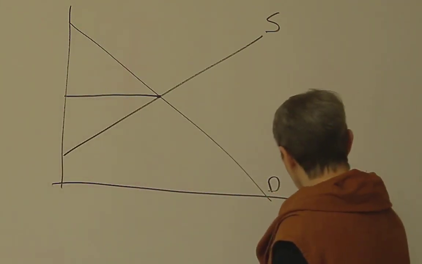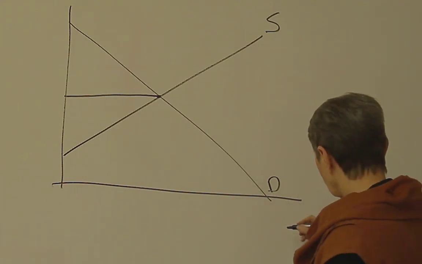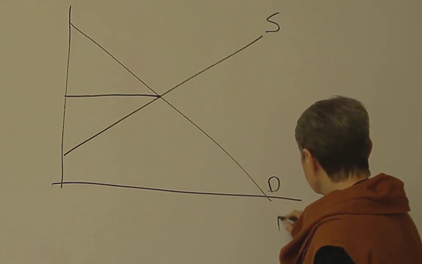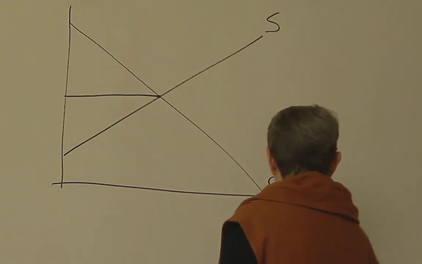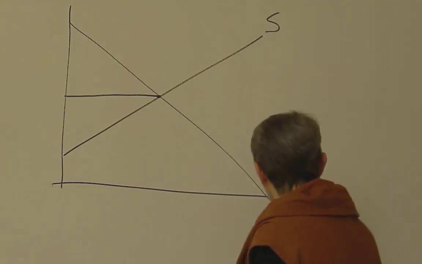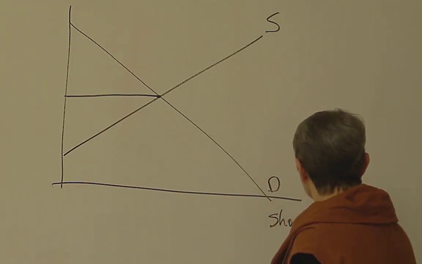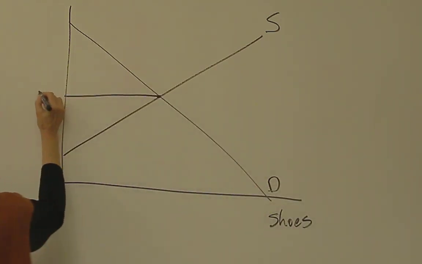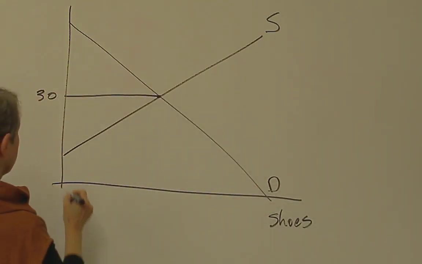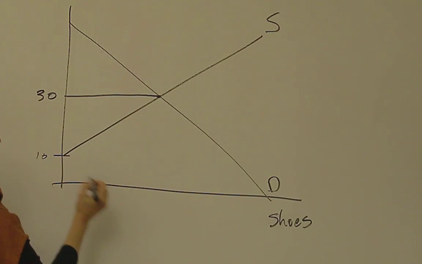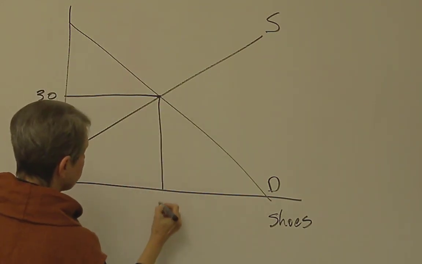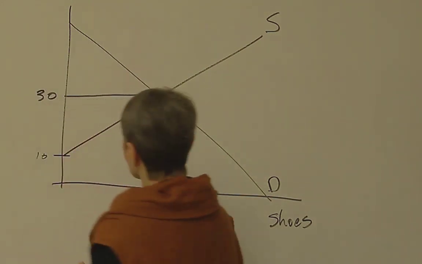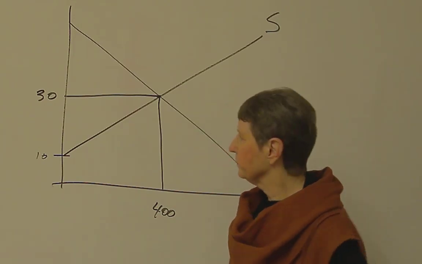So this could be, what costs $30? A really good pizza. No, we can't import pizzas. Okay, so this is going to be shoes. So $30 is the equilibrium price. I'll go ahead and identify that. And the equilibrium quantity is 400 per time period.